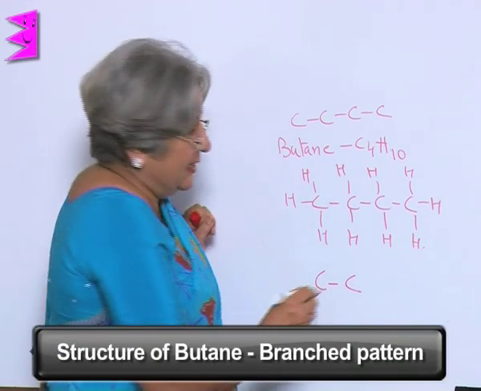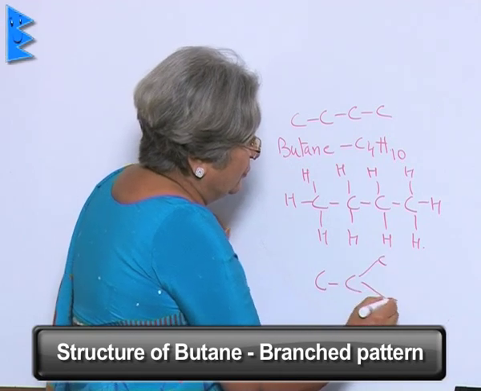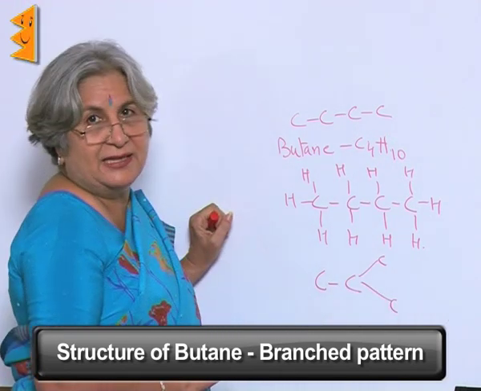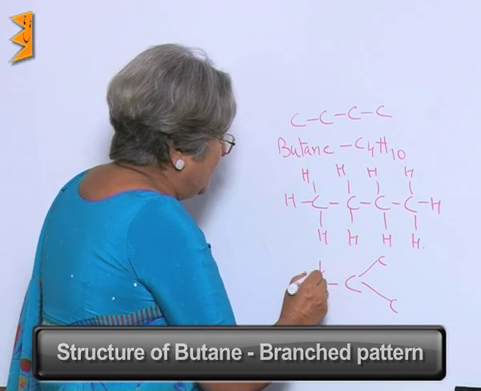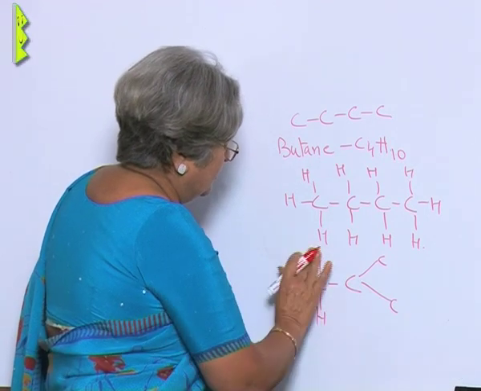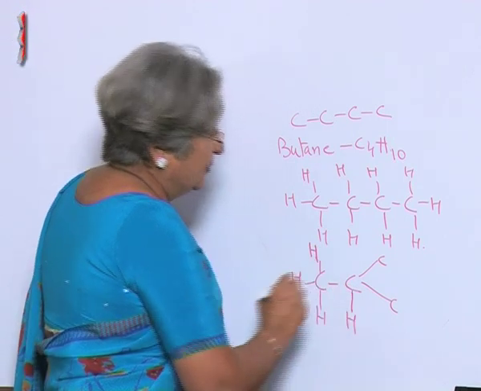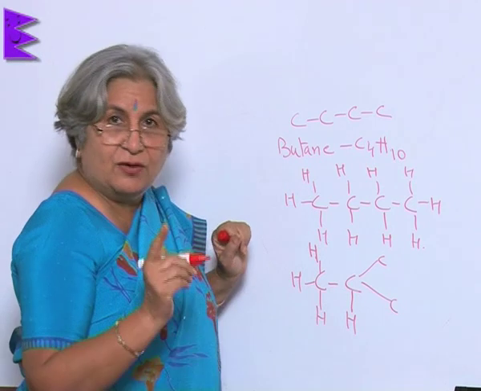After 2 carbon atoms, this carbon atom may be attached to 2 carbon atoms like this. Then what will happen? 3 hydrogen atoms with first carbon, 1 with second. Why only 1?